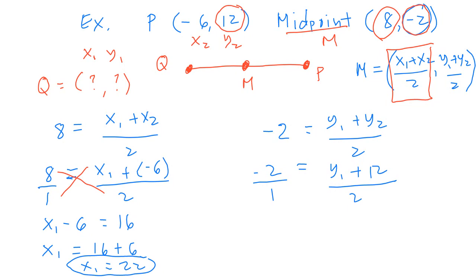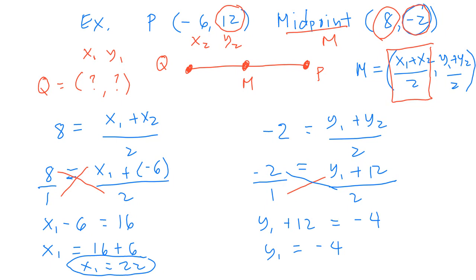And then you cross multiply, multiplying this first. And it gives you y1 plus 12 equals, multiplying the other one would be -4. And then solving for y1, that would mean -4 minus 12.